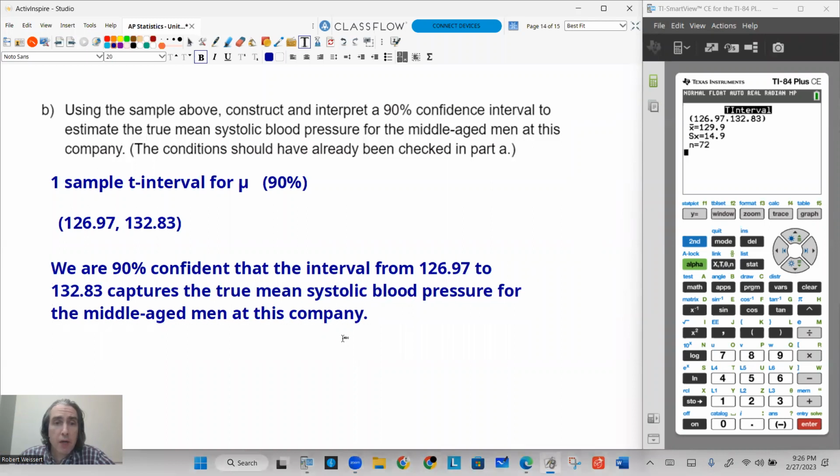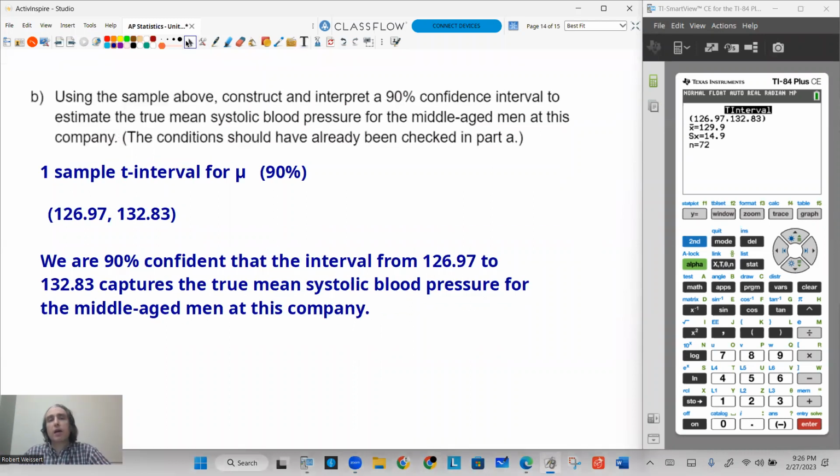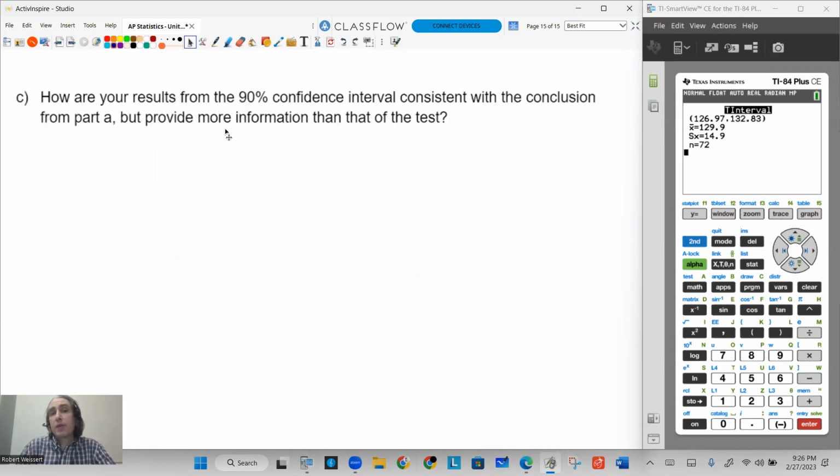men at this company. And of course, if you look at our p-value being really high, we fail to reject the null. In this case, what number is going to fall in that interval that's going to be consistent with our results? So if you look at part C, the question simply says, how are your results in the 90% confidence interval consistent with the conclusion from part A, but provide more information than that of the test?